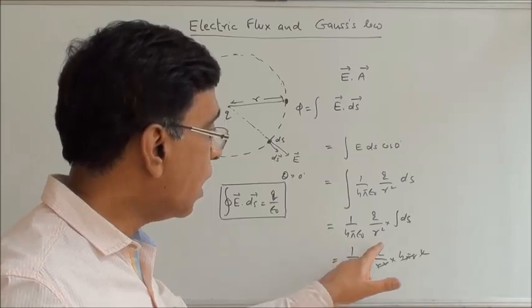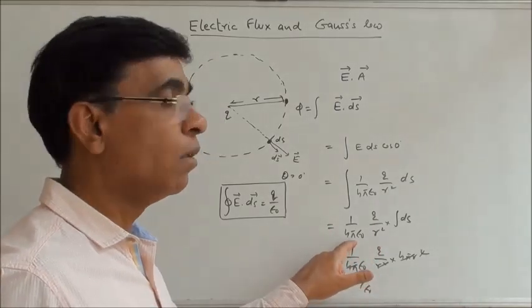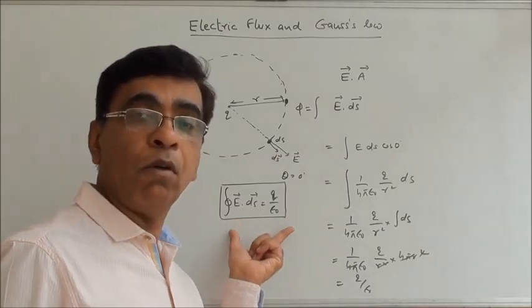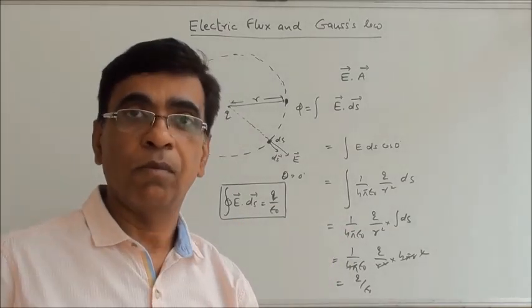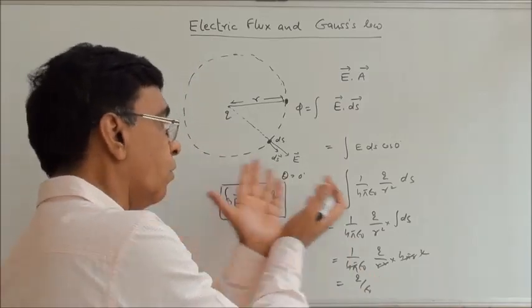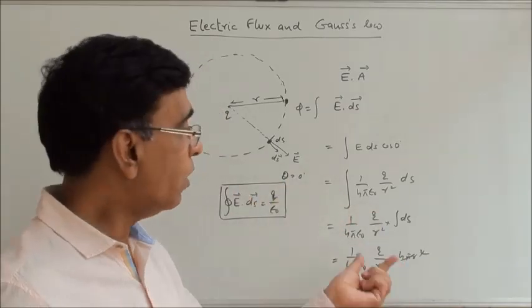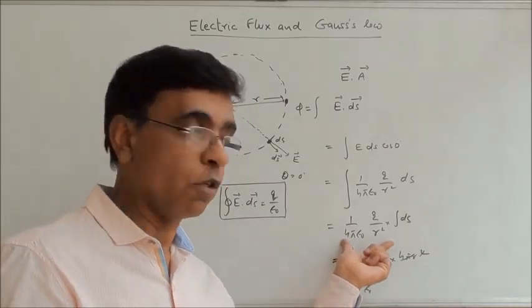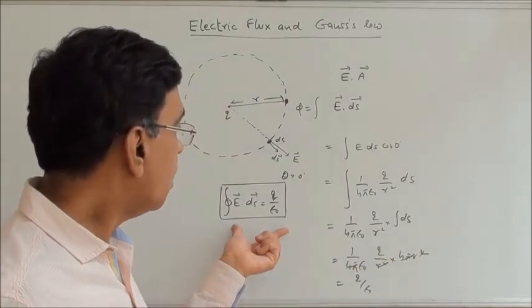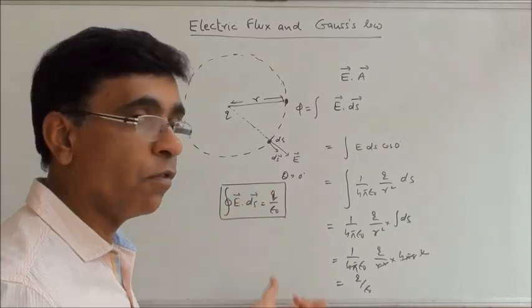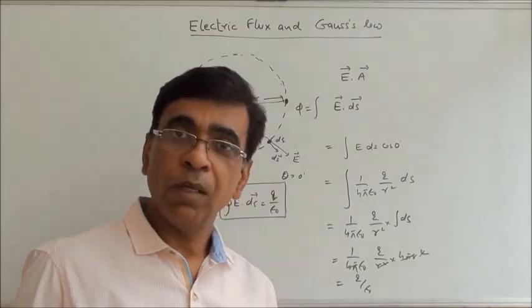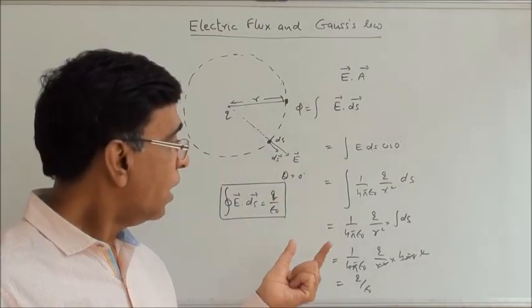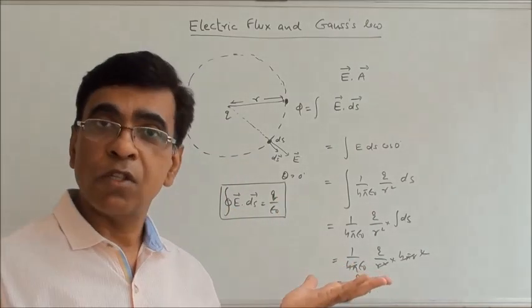Further, this has been derived from Coulomb's law, so it is true only if Coulomb's law is true. We have made use of 1 by 4 pi epsilon naught q by r square. So E dot ds is q by epsilon naught, and it follows from the inverse square law.